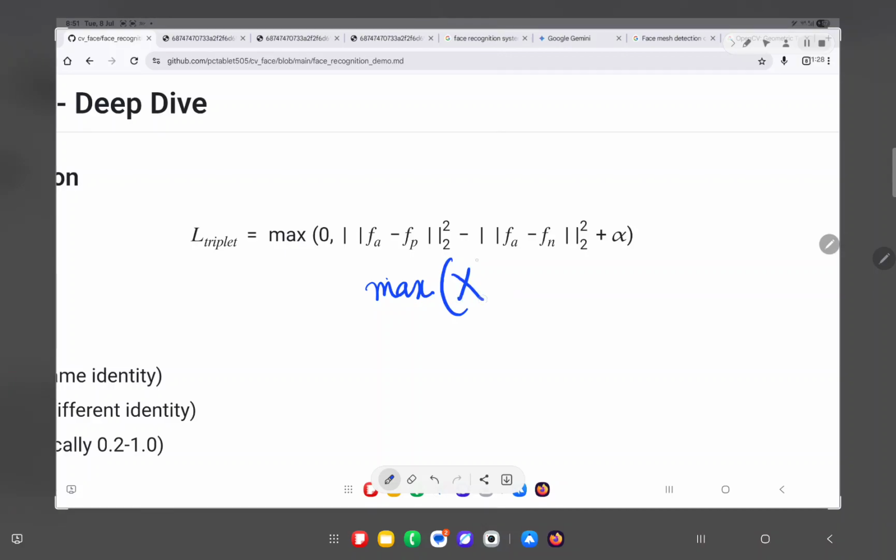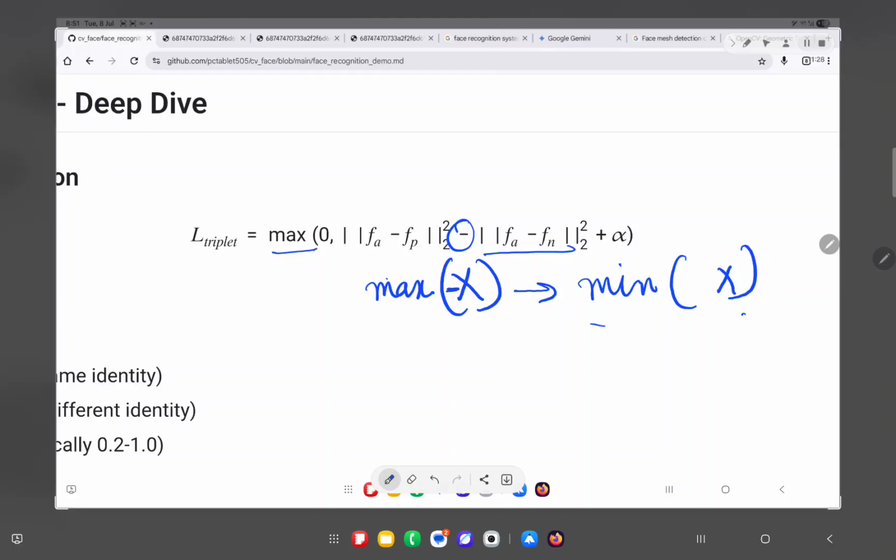Max of x is the same as min of minus x, but here we have maximum for x, so this part is taken as negative. We are basically maximizing the negative, so this will be the same as minimizing the x.